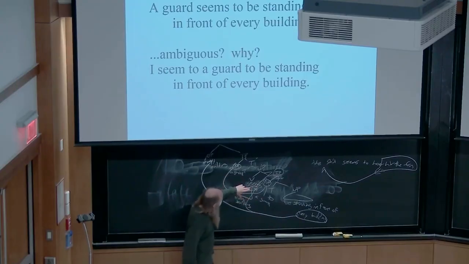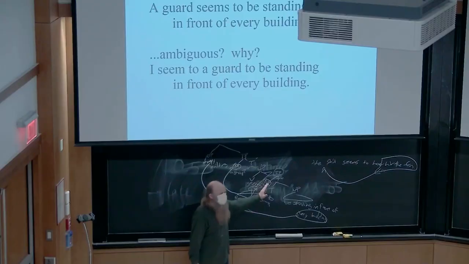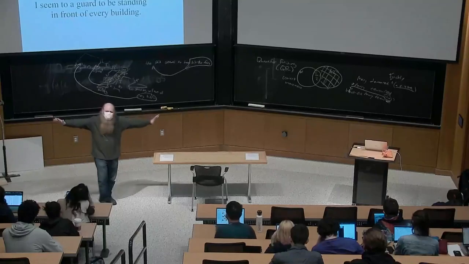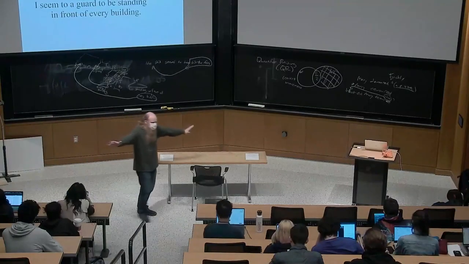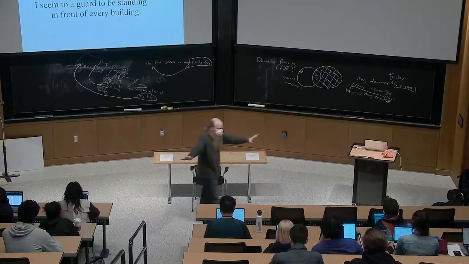And the reason that you get ambiguity in "a guard seems to be standing in front of every building" goes like this. Every building can QR to a position in the periphery of that embedded clause. And a guard started out in that embedded clause. And that's enough.